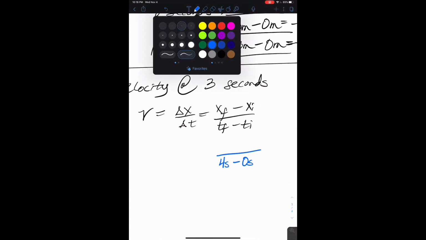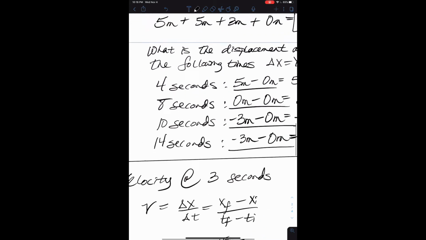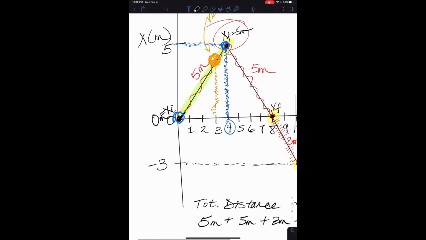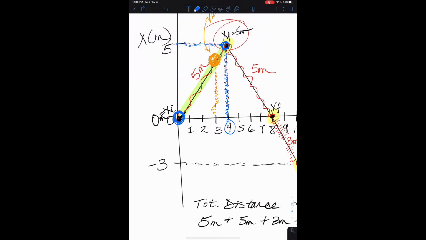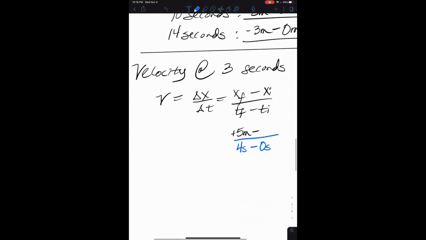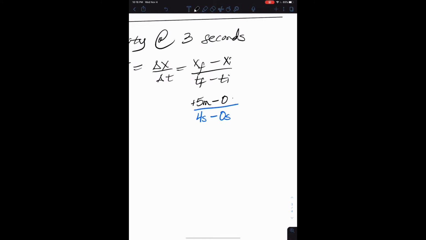So that would be final because that's the one that occurs at 4 seconds. All right, what is the initial position? Initial position is where the object is at 0 seconds. So at 0 seconds here, it looks like the object is at 0, right? Okay, so we can go ahead and say minus 0 meters.